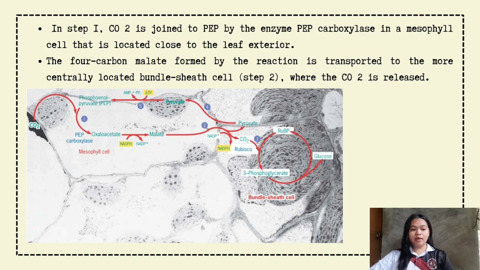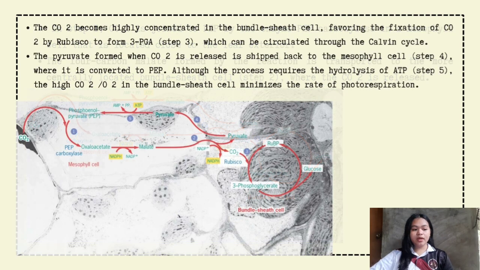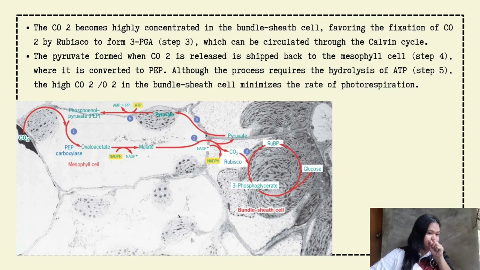The 4-carbon malate formed by the reaction is transported to the more centrally located bundle sheath cell, where the carbon dioxide is released. The carbon dioxide becomes highly concentrated in the bundle sheath cell, favoring the fixation of carbon dioxide by rubisco to form 3-PGA, which is shown in step 3 and can be circulated through the Calvin cycle.